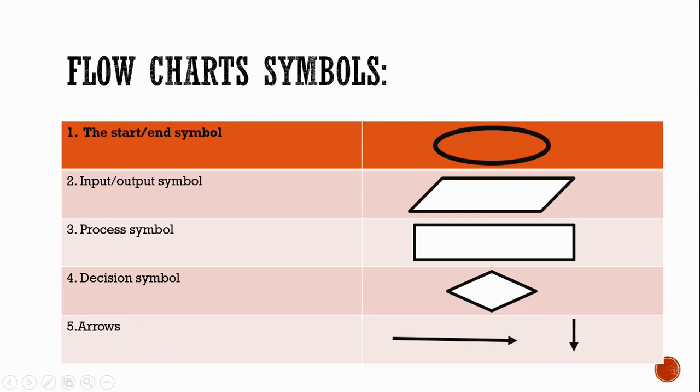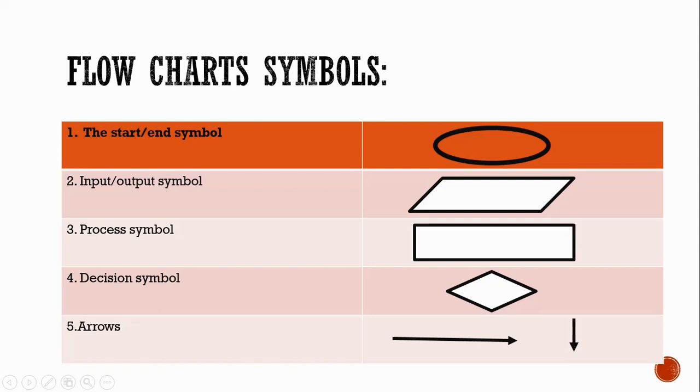When you are inputting something in a system or outputting something, you will use a parallelogram shape. For the process symbol, you will use a rectangle. What is the meaning of process? Process means you are performing something, like you are eating, you are walking, you are talking, you are doing anything. This is called a process.